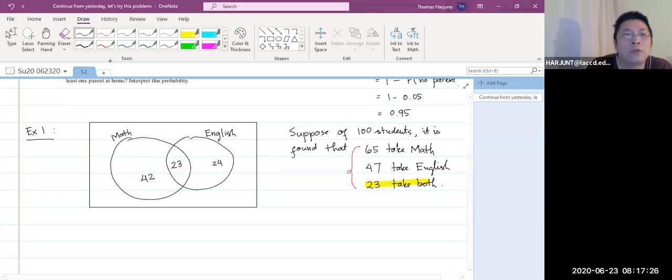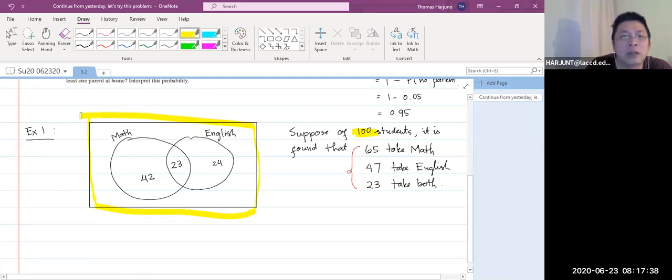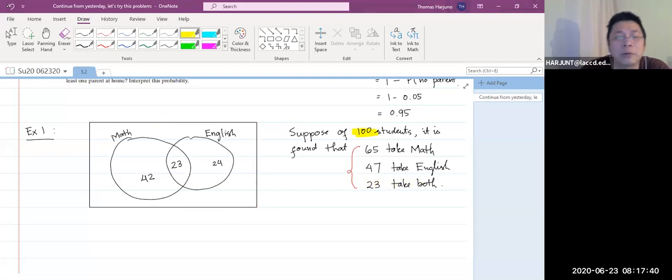Okay, now so far we are done with the circles, but there's still one issue. We're supposed to have a total of 100 students. So inside this rectangle here, there should be 100 people. Then how many students are not taking math and not taking English?